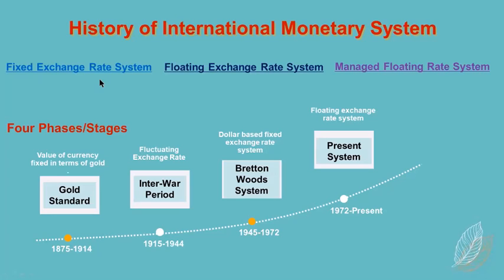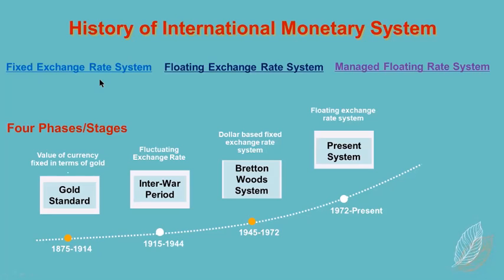So that the value of the currency of these 4 countries is not limited to the value of one single currency, or their currency does not have a value of its own, but it is pegged to another. That another factor here is a basket of currencies. Right. So that system is what we call fixed exchange rate system.